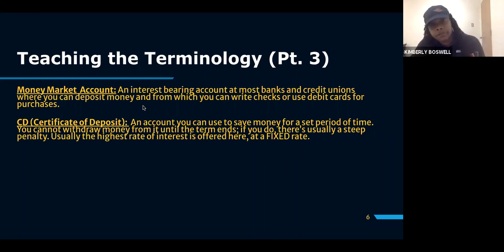And in return for leaving it, and in return for the bank being able to use it to more aggressively invest in other financial instruments, they will give you more money for it. But if you withdraw money before the term ends, there's going to be some sort of steep penalty that's going to be incurred. But the interest rate offered here is higher.